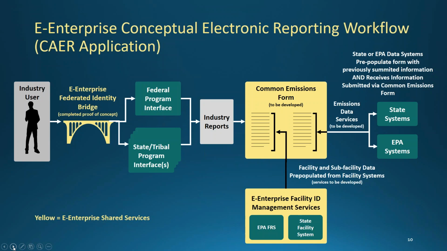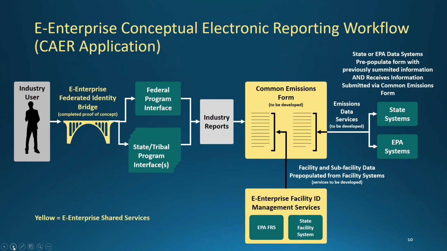And then from the left-hand side, moving across, you have an industry user entering the Federal Identity Bridge, which again is another project under e-enterprise, looking at how to develop these identity shared services. And that would then capture that pertinent information. Then that would be connected to both federal and state program interfaces.